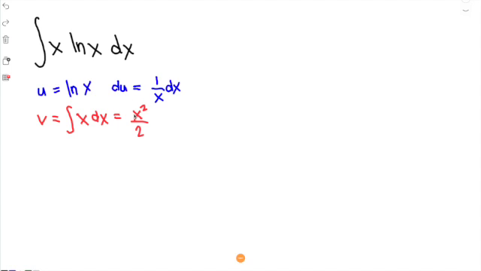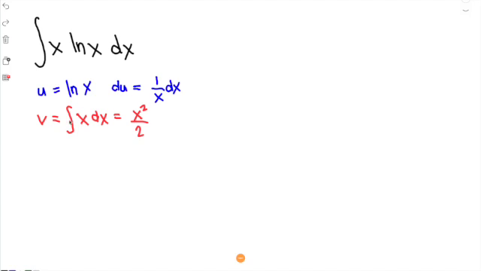When we first chose u as x, the derivative of u is just equal to 1 dx. That is actually simpler than this 1 over x dx. But for that first choice, v is difficult to integrate compared to this one, right?